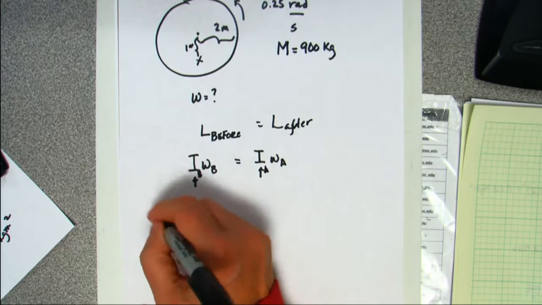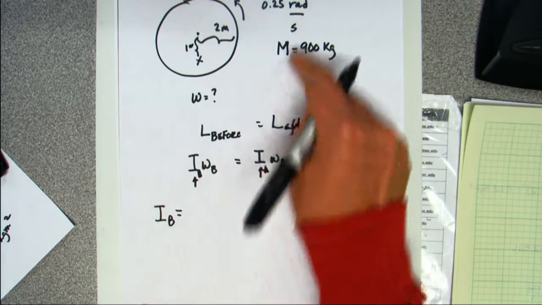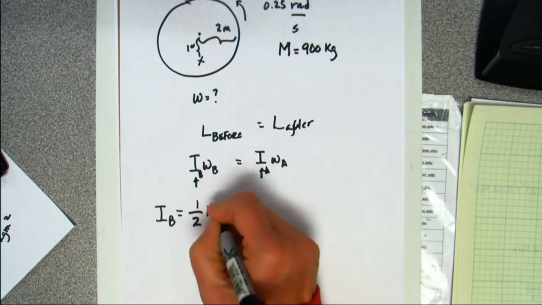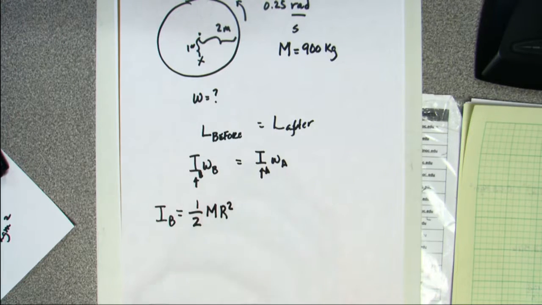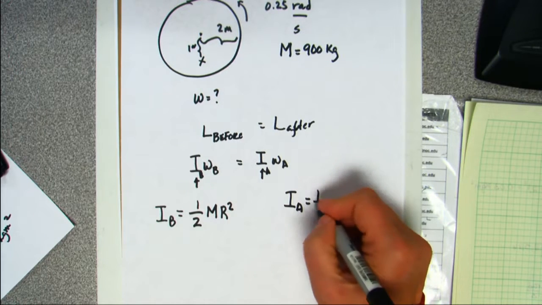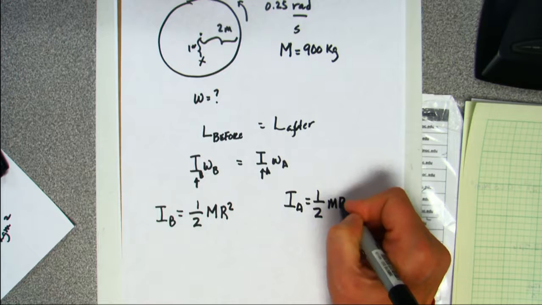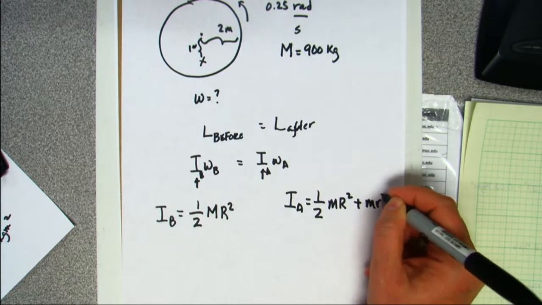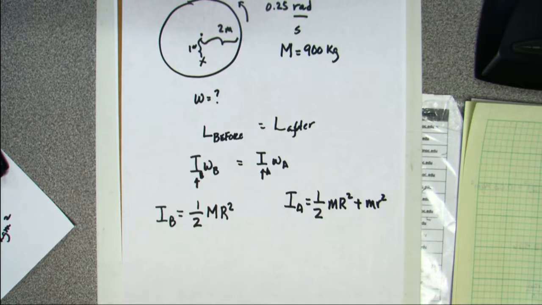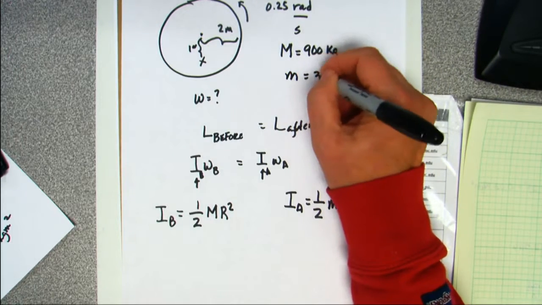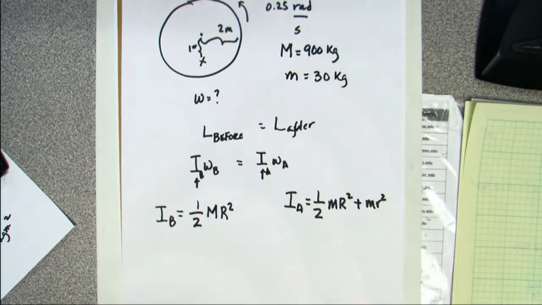Because the I before is just my disk, and my disk is 1/2 the mass of the merry-go-round times the radius of the merry-go-round squared. My I after is going to be the disk plus wherever the kiddo is. And we're going to give the mass of the kiddo 30 kilograms.